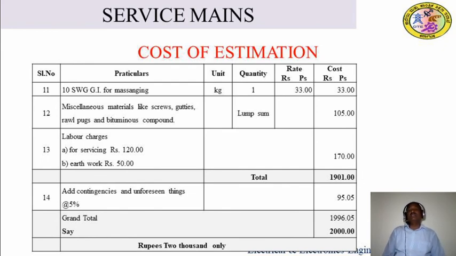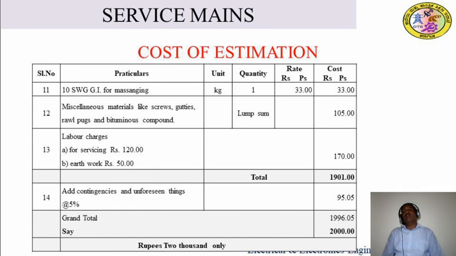And for the cost of materials or cost of estimation column, again there are serial number, particular, unit, quantity, rate, and cost. Serial number, put it as per the material number. In particular you have to write the same as what you have mentioned in the schedule of material column. The same material you have to mention here with specification. In the unit column you have to mention the market availability, kg or it may be meter.